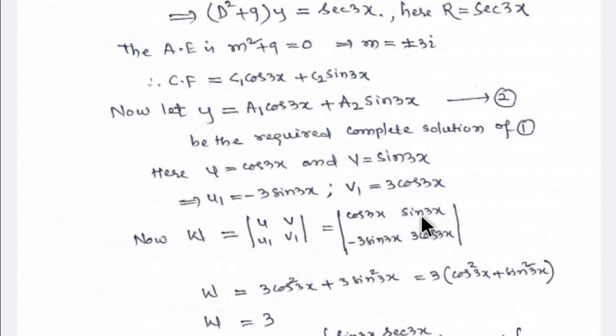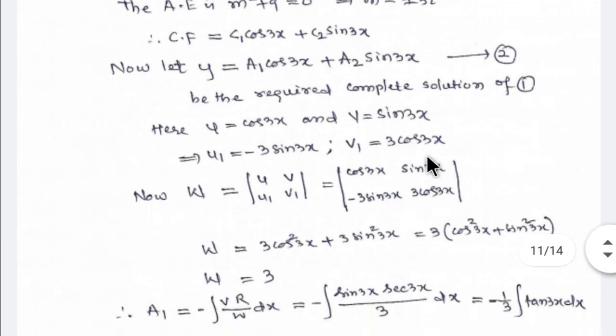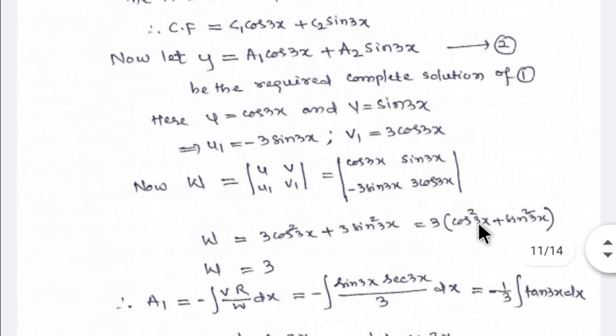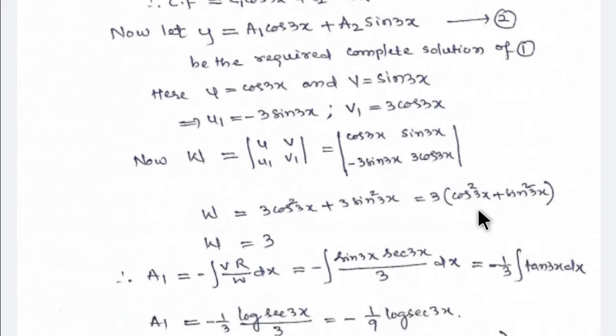Substituting the values, W equals 3 cos square 3x plus 3 sin square 3x. Taking 3 common, cos square 3x plus sin square 3x is 1, so the Wronskian W is 3.